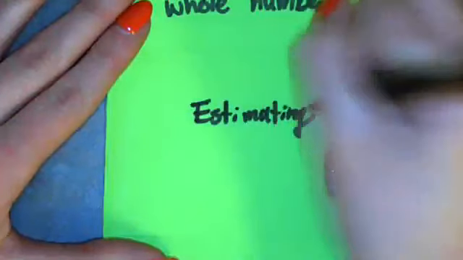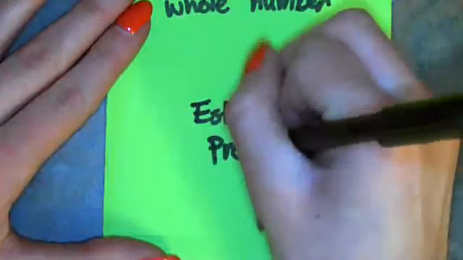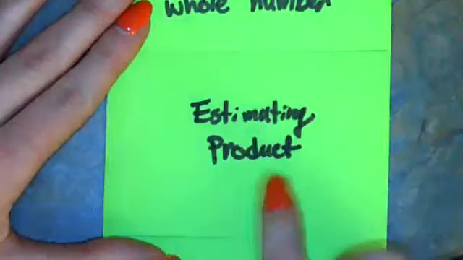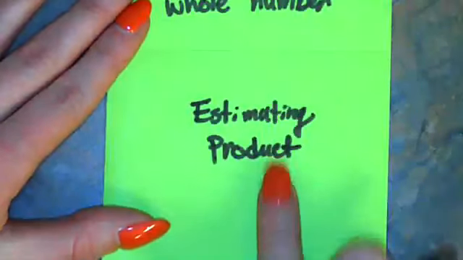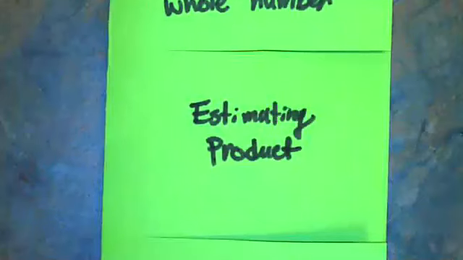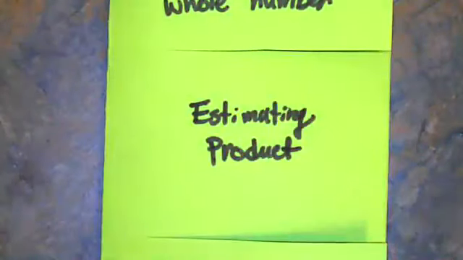Estimating product. Okay, remember the product is the answer for a multiplication problem. Estimating, you're finding about the answer, not the actual answer, but about the answer. Okay, so we're going to open up just that one and leave everything else closed so we can see what we're writing.